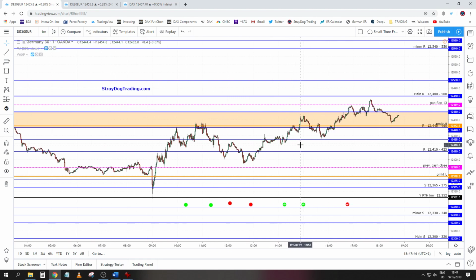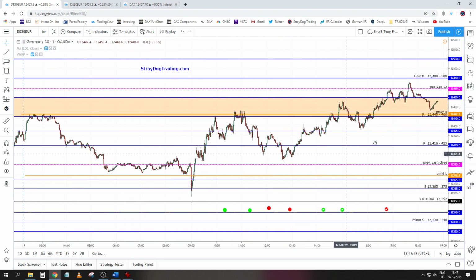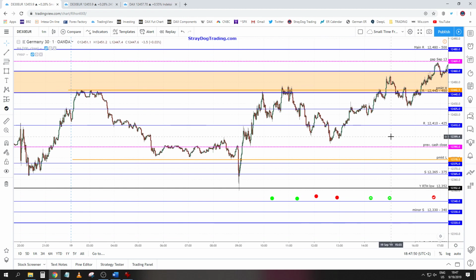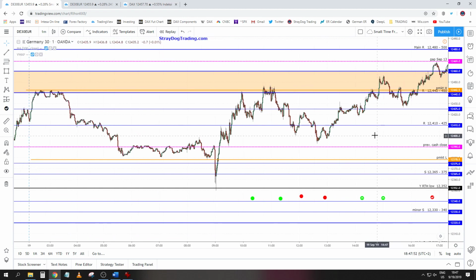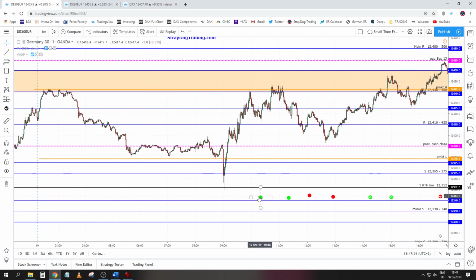As said in yesterday's video and many times before, this is a classic bullish setup. Yesterday RTH low, market starts open is here, so this was the opening candle, and they didn't fill the previous cash close. They opened like 2 points below it.